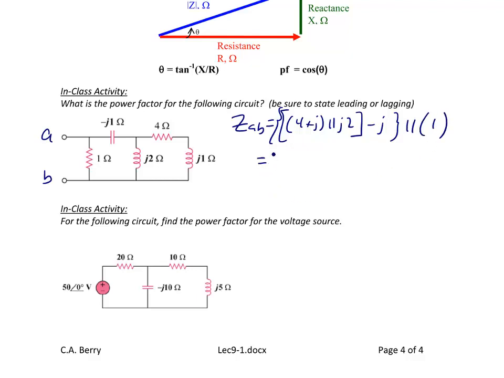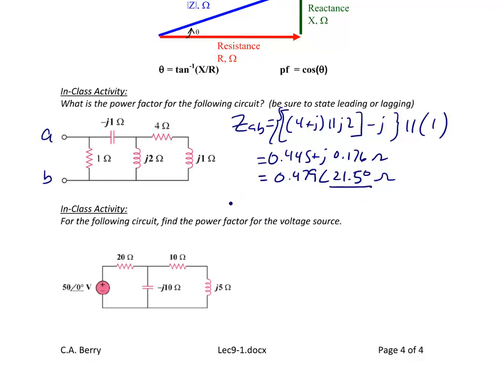So that equals 0.445 plus j0.176 ohms, or in angle notation, 0.479 with an angle of 21.5 degrees, and the units are ohms.